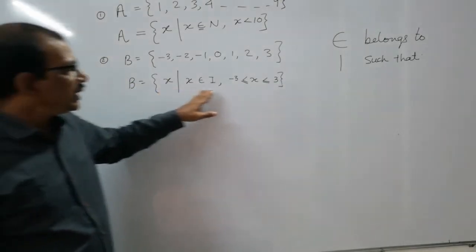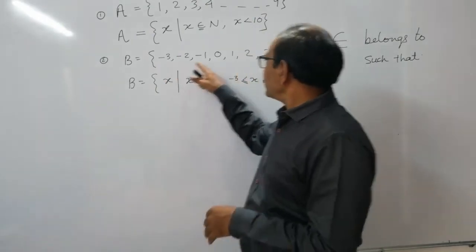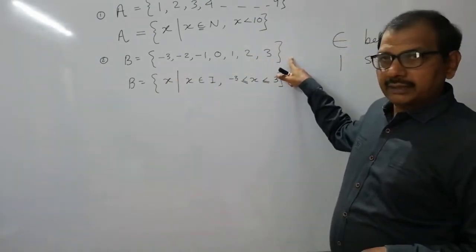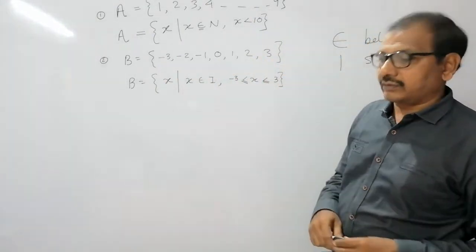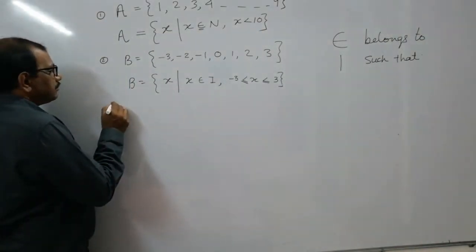So this way of writing a set is known as set builder. This first way is called as listing method. The second, you बता रहा हूँ मैं, that is another example. Example 3.